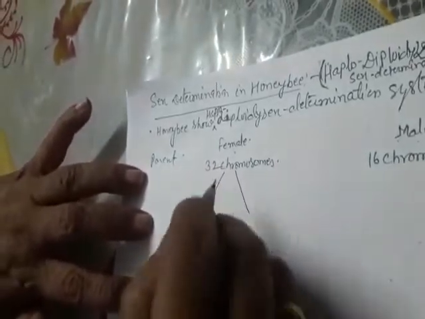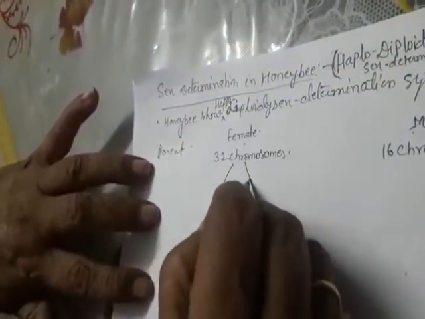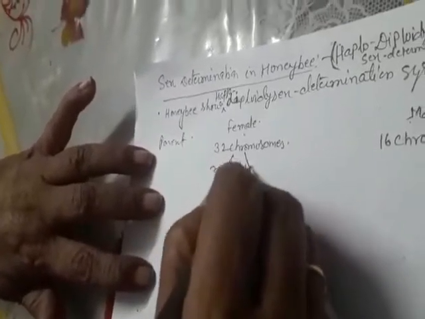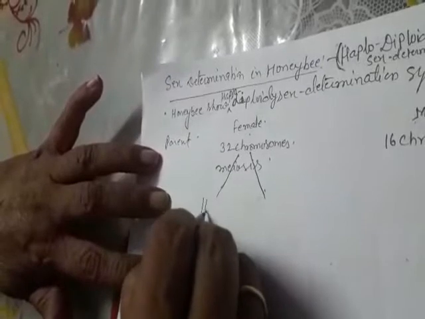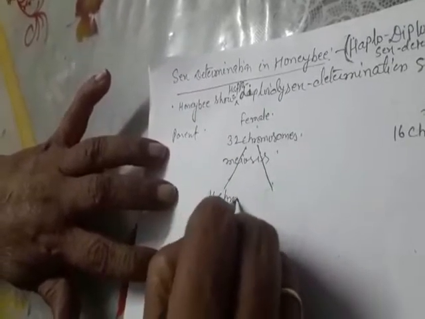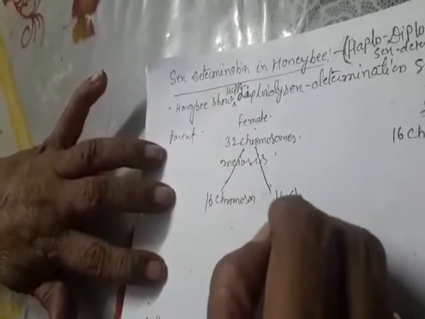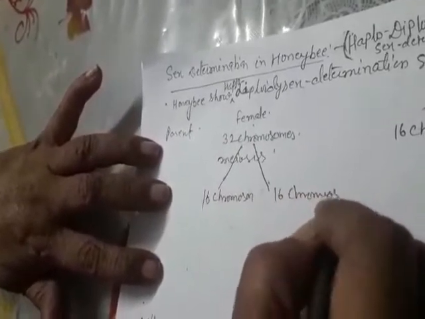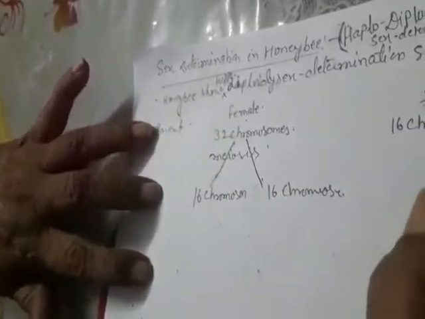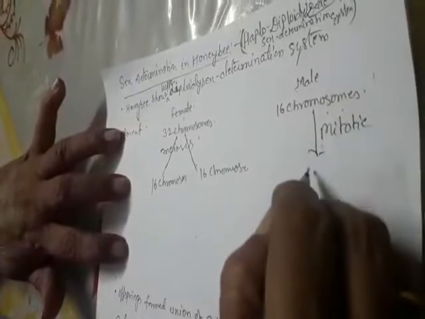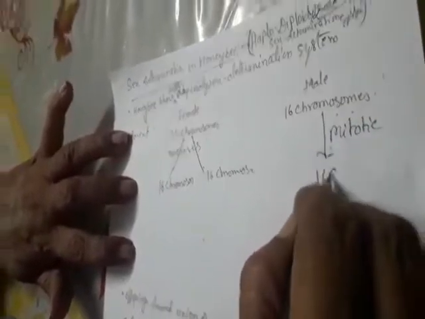During cell division by meiosis, the female forms 16 chromosomes, and male divides by mitotic division to form 16 chromosomes.